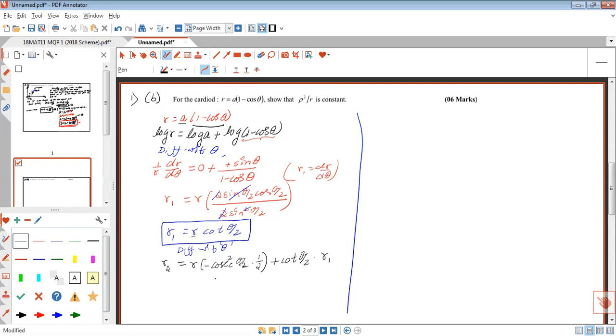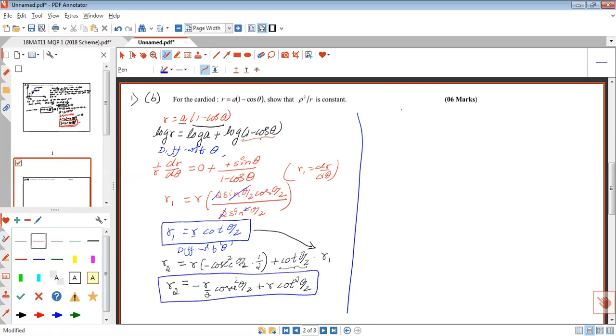Now substitute the value of r1. So you will get minus r divided by 2 cosecant square theta by 2. The value of r1 is r cot theta by 2, so you will get r cot theta by 2 into cot theta by 2, that is r cot square theta by 2. This is the value of r2.